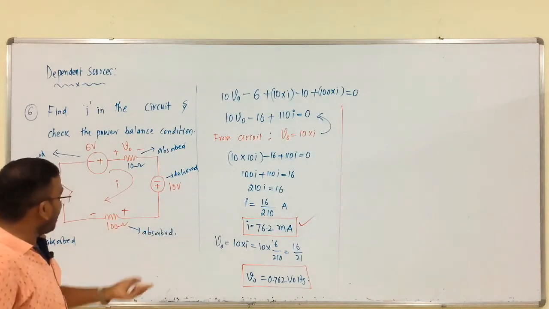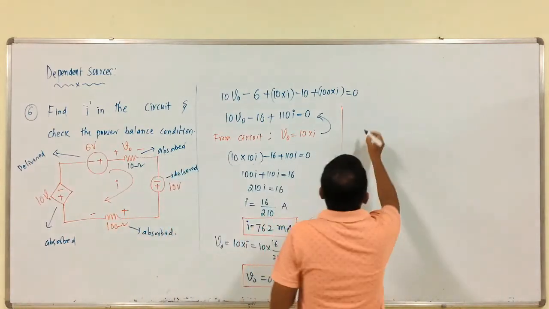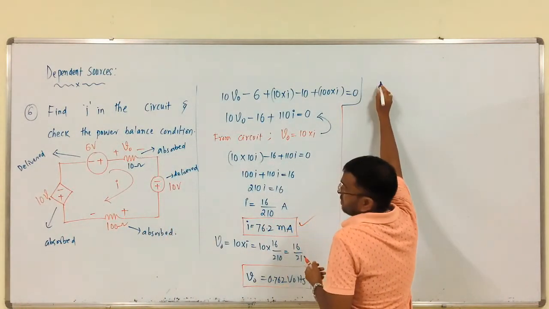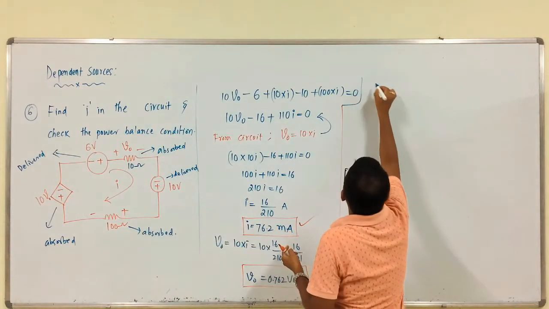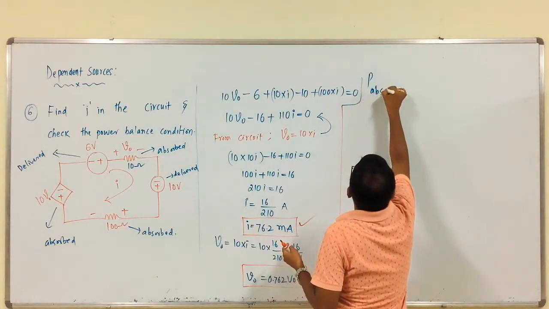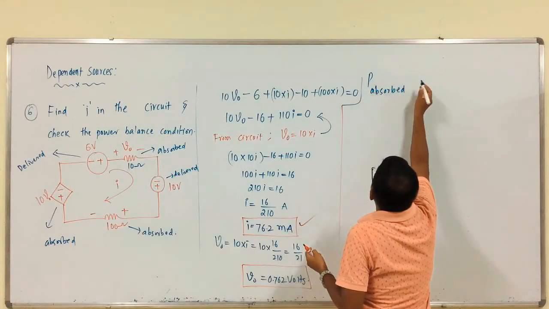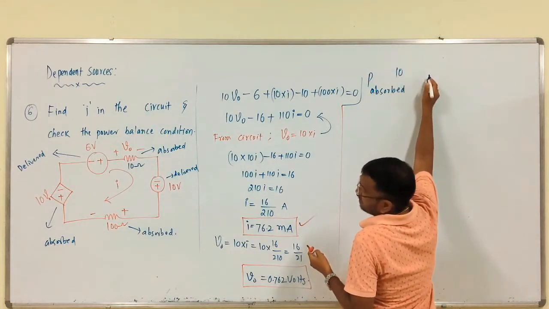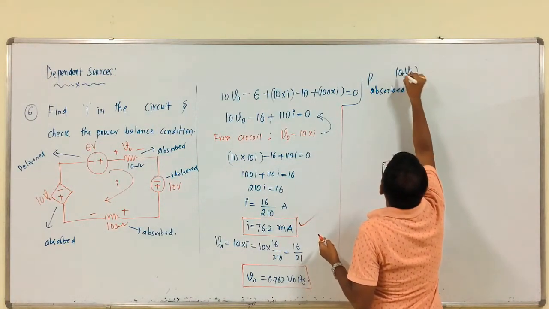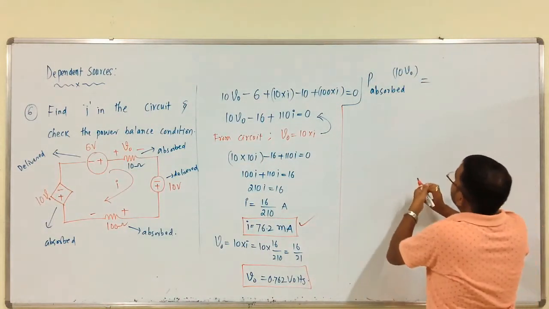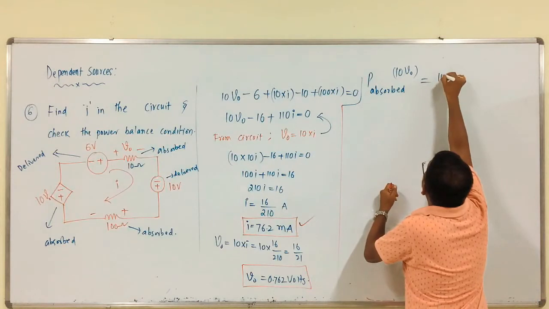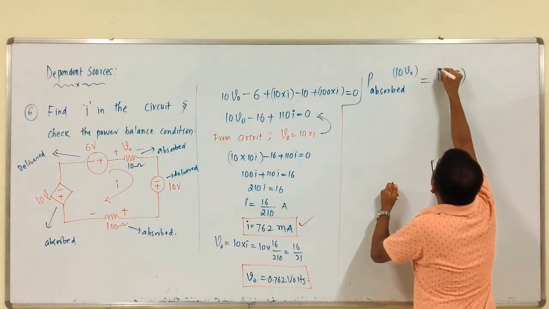That is it. Now, we have to calculate the power absorbed. First, with respect to the dependent source, that is the power absorbed by this 10 V naught source. 10 V naught is nothing but the voltage value.